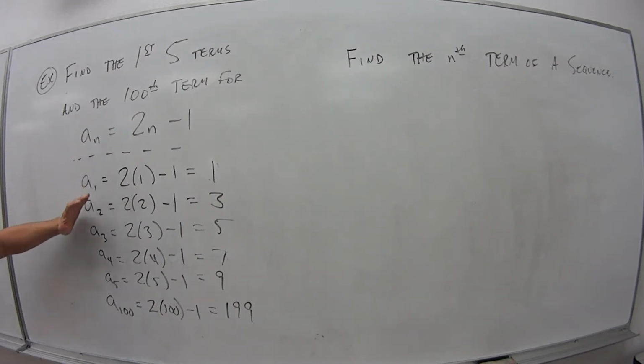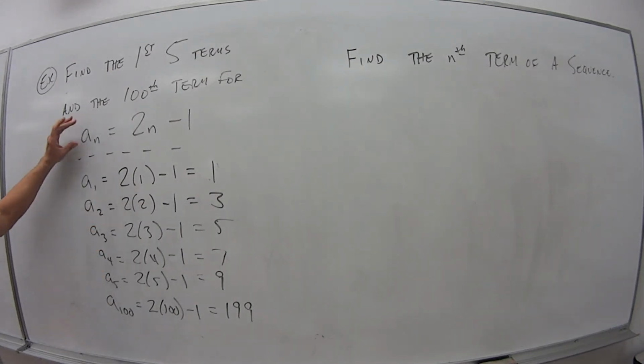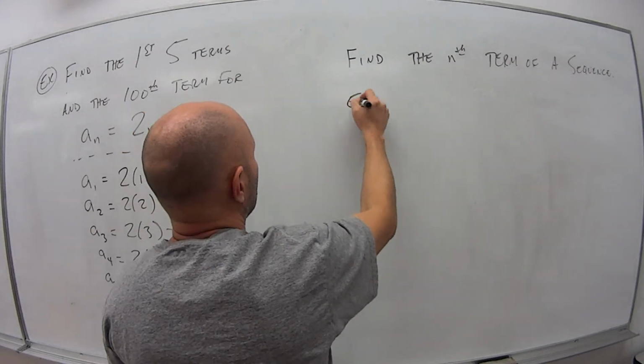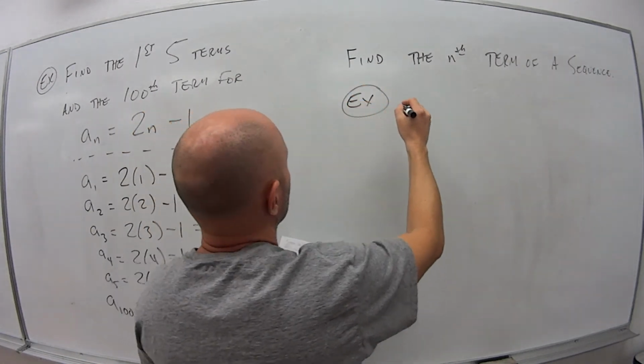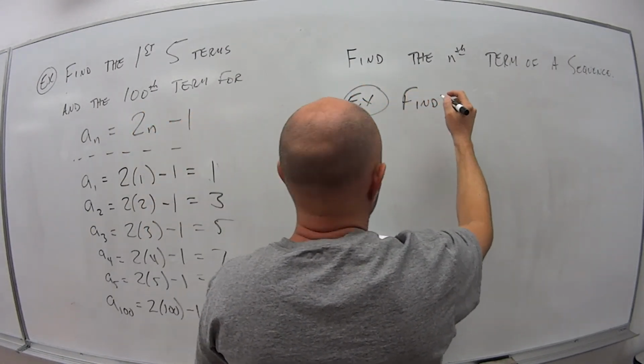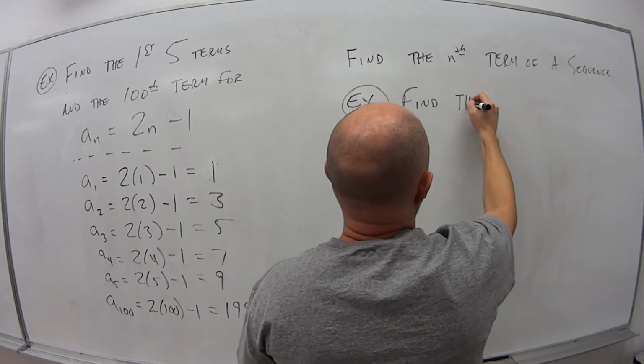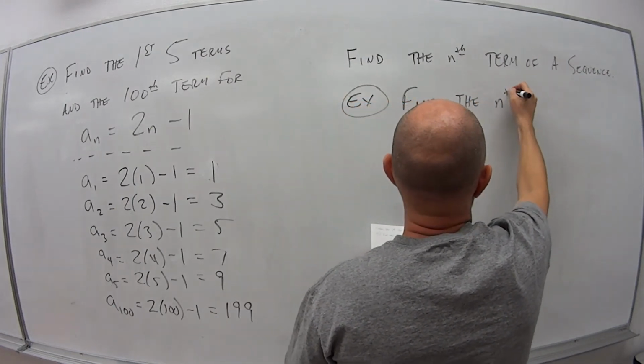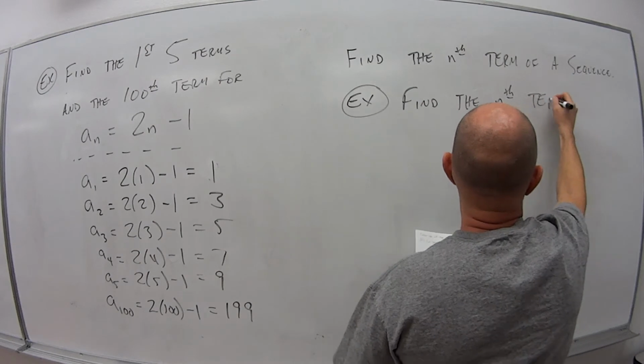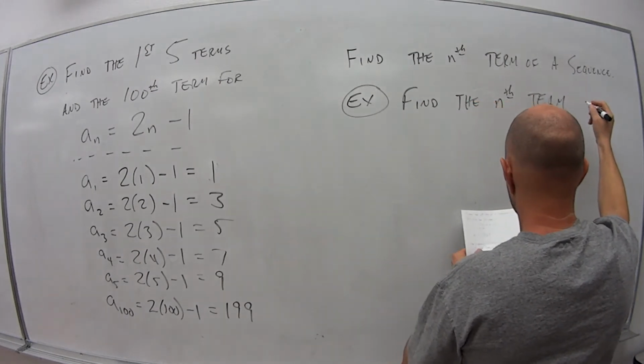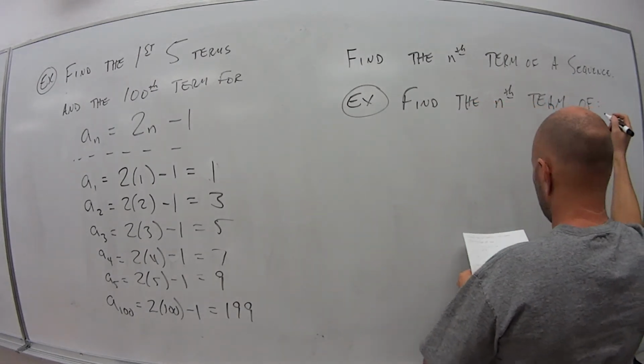So now we're given these values and we have to generate what is the sequence, what is this function that would generate these values for us. So here's an example of something like that. Let's say we want to find the nth term of the following sequence of numbers.